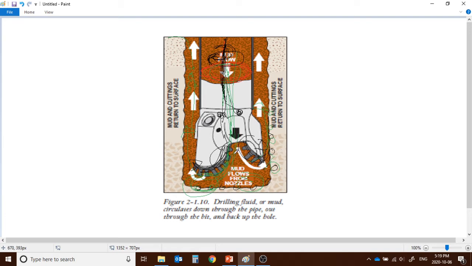There are lots of other uses of the muds, other than taking out these small cuttings and rock particles. We will learn later on what other things we do.